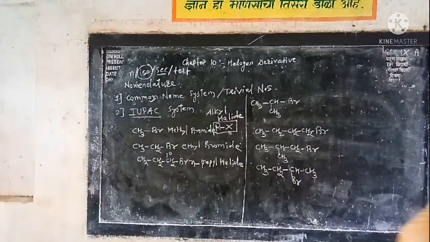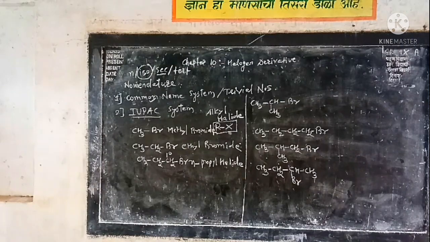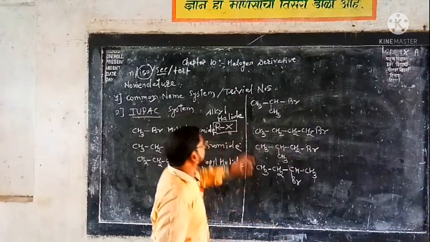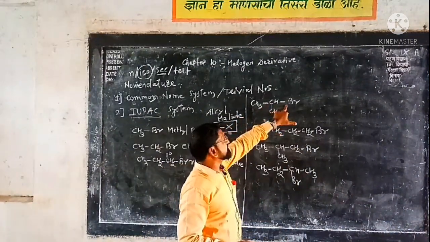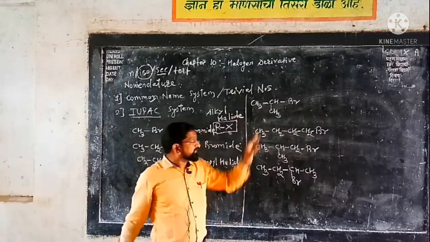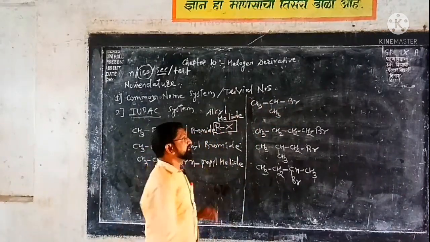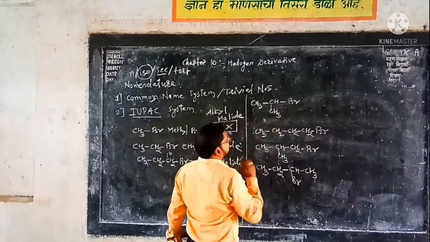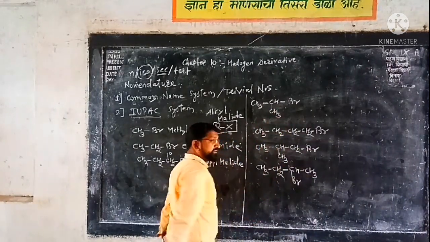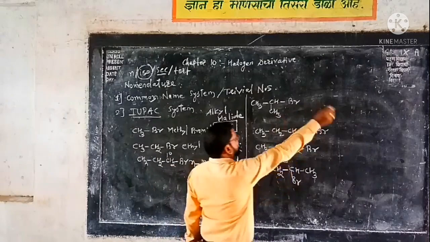Now the next case. See here, CH3CHBrCH3. Can you classify this alkyl halide? Yes, it is secondary or iso.